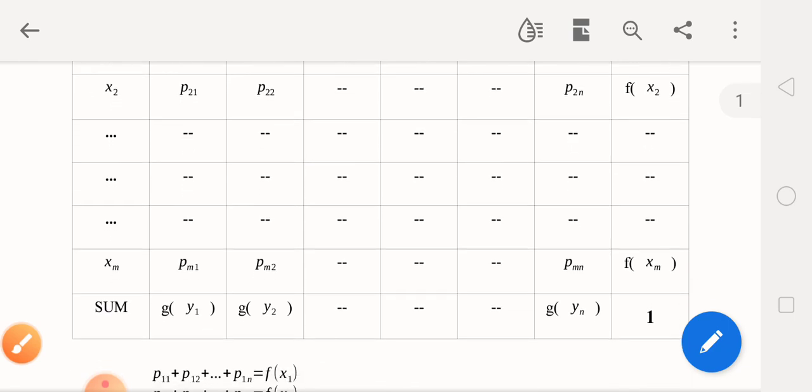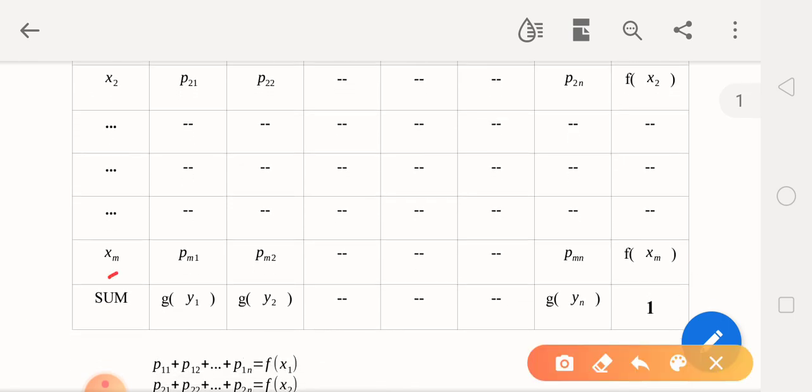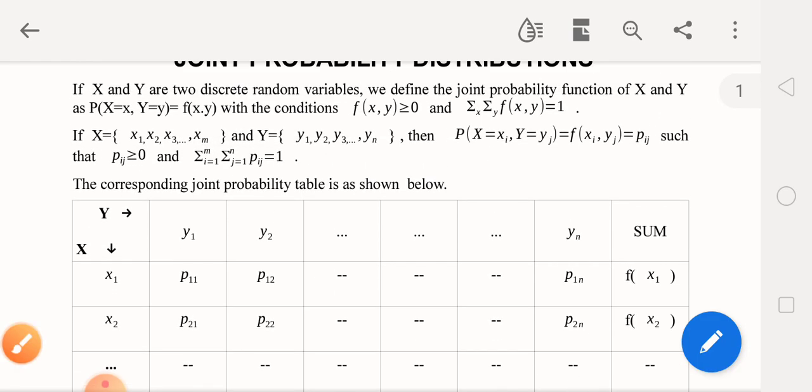Continue the same. Here you have xm. So along this row, Pm1 is the first probability. It is the probability when X equal to xm and Y equal to y1. Pm2 is the probability when X equal to xm and Y equal to y2.